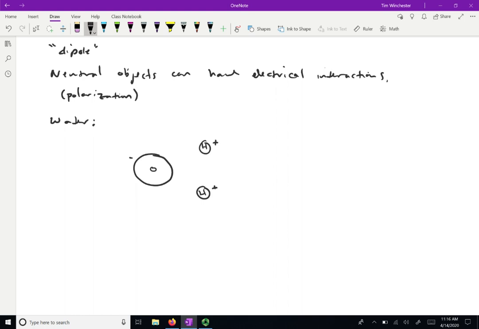We don't have a hydrogen ion and an oxygen ion, but it is still true that the electrons disproportionately spend time near the oxygen. And so we get a permanent dipole in this case. In situations like this, we call this a polar molecule. And a lot of the properties of water can actually be understood in terms of that polarity.